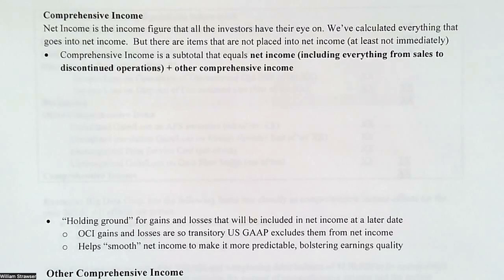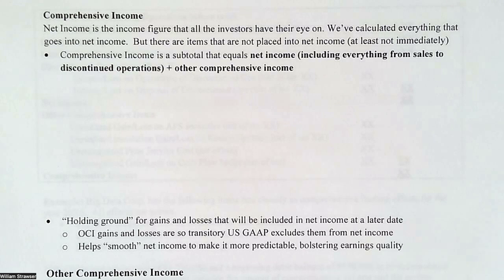Comprehensive income, this one starts to get people a little bit more turned around. It's a new item, a new topic that is not talked about in intro. All this time we're talking about net income. It is definitely the income figure that the business world is most focused on. Investors and creditors, they want to know net income.